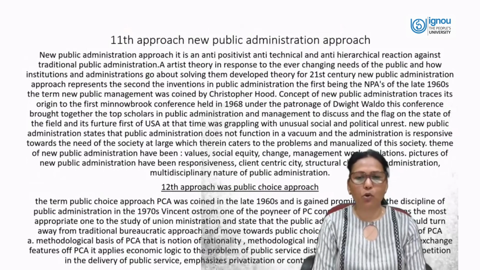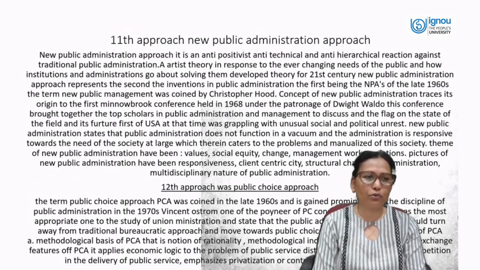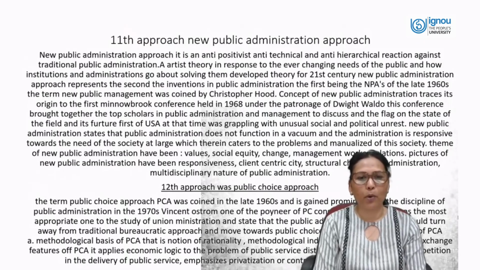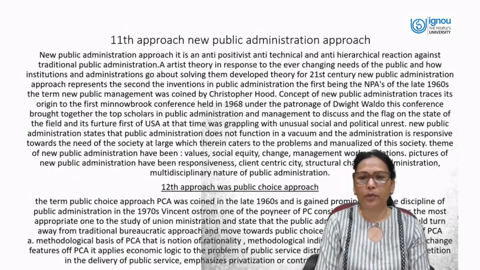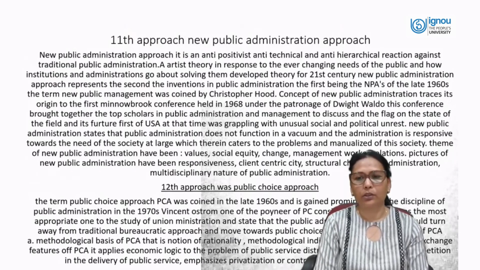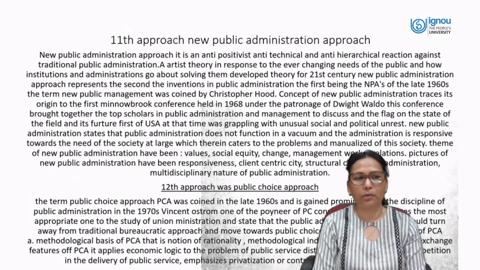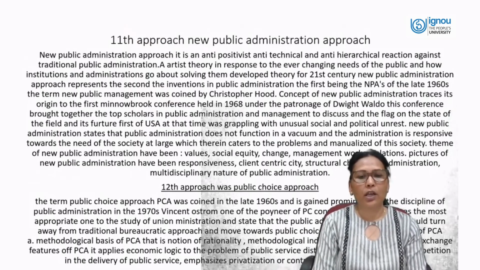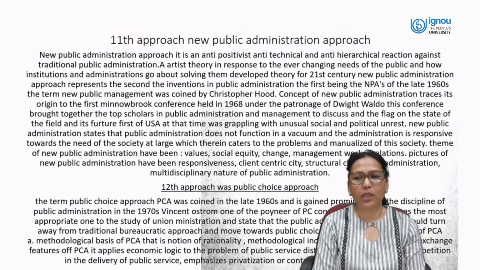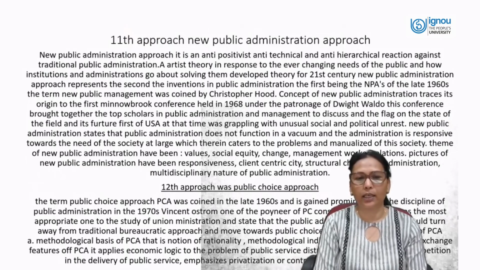This theory is a response to the ever-changing needs of the public and how institutions and administrations go about solving their problems. For the 21st century, the new public administration approach represents the second invention in public administration, the first being the NPA of the late 1960s.